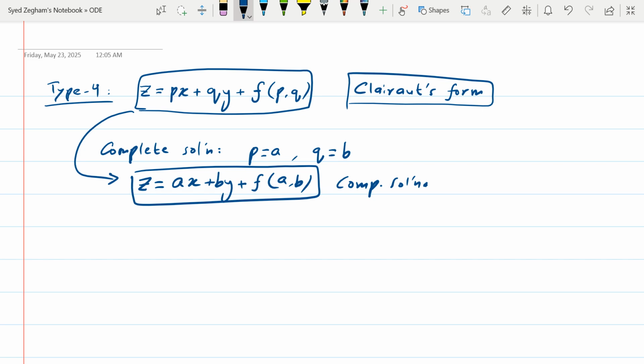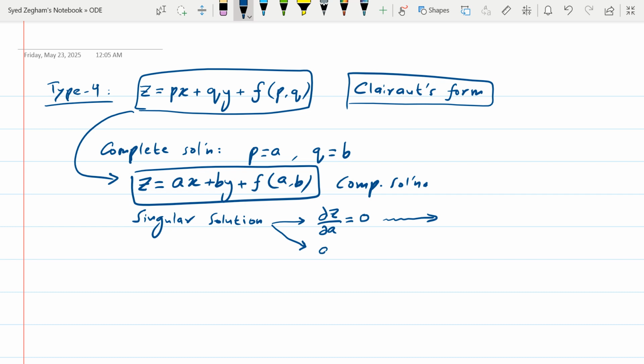Now, sometimes they will ask you to find the singular solution. To find the singular solution, you will use two relations. The first one is you will put dou z by dou a is equal to 0, and you will do some simplification.